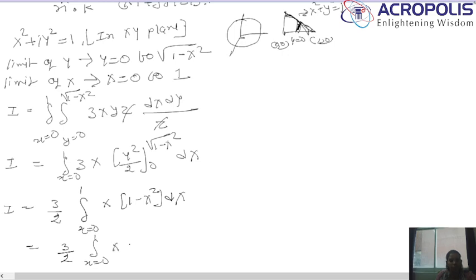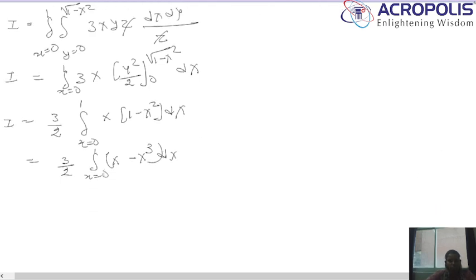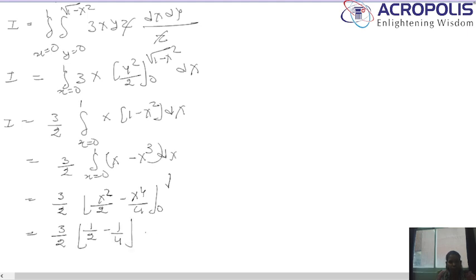We have x minus x cube dx. Integration of x with respect to x is x square by 2, so 3 by 2, x square by 2 minus x to the power 4 by 4, and apply the limit. We have 3 by 2 into 1 by 2 minus 1 by 4, the resultant will be 3 by 2 into 1 by 4. So the total value is 3 by 8.